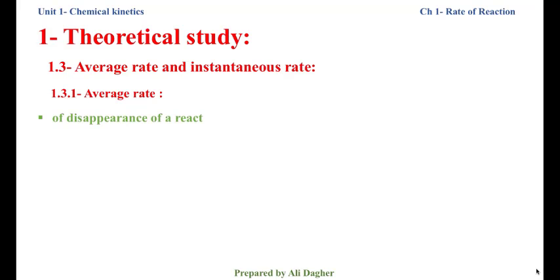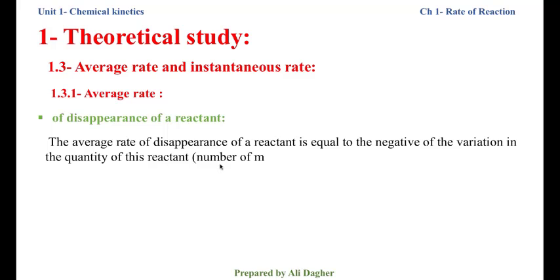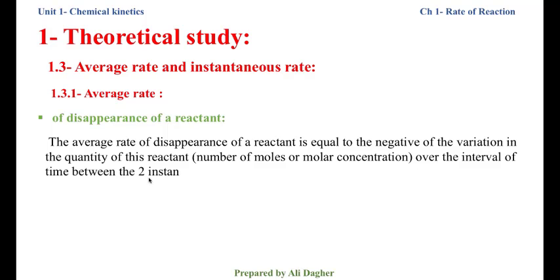Now, of disappearance of a reactant. The average rate of disappearance of a reactant is equal to the negative of the variation in the quantity of this reactant, number of moles or molar concentration, over the interval of time between the two instants T1 and T2.